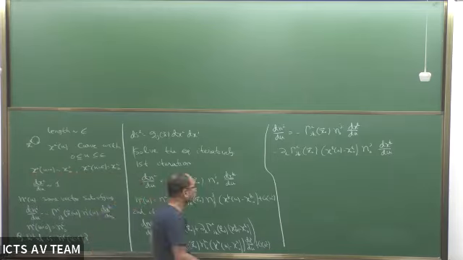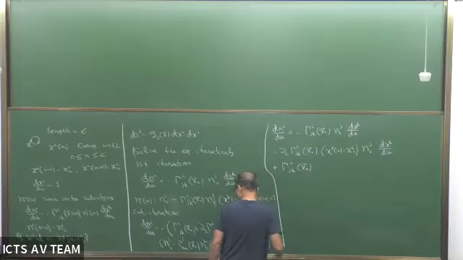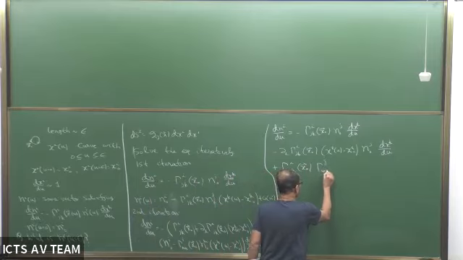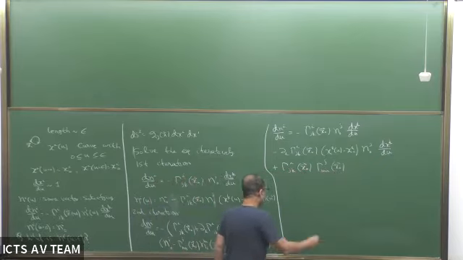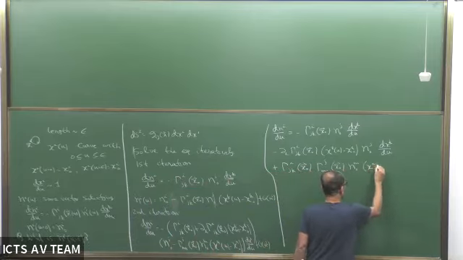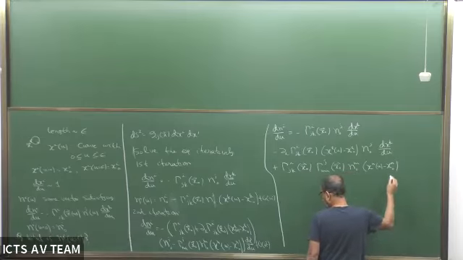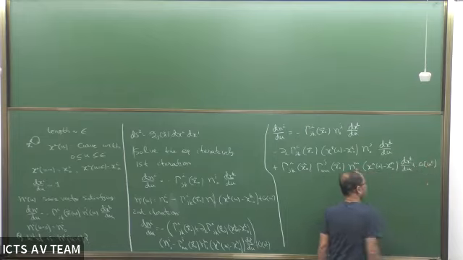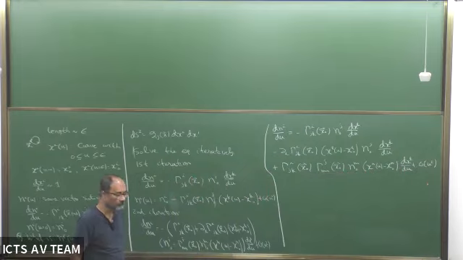So that gives you plus gamma I jk x naught. Is clear.